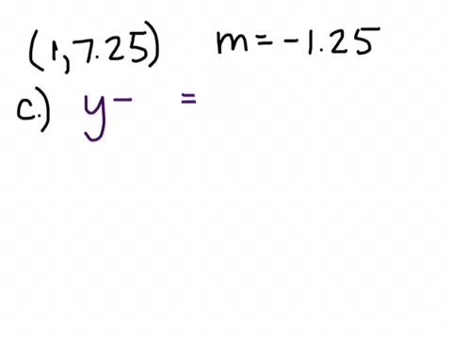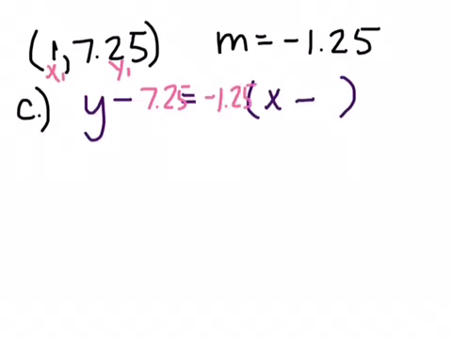The first piece of information we plug in is our y1, and that's 7.25. The second is my slope, m, negative 1.25. And x1 comes from our point as well, 1.